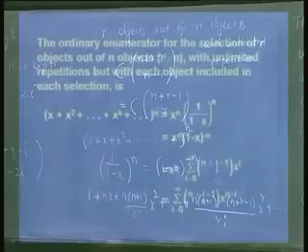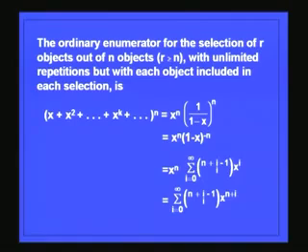That is given by this expression: (x plus x squared plus x power 3 etc.) to the power of n. For each object, the possibility is it can be selected once, twice, etc. Please note that the constant term 1, which was there in the earlier case, is not here, because you have to select each object at least once.